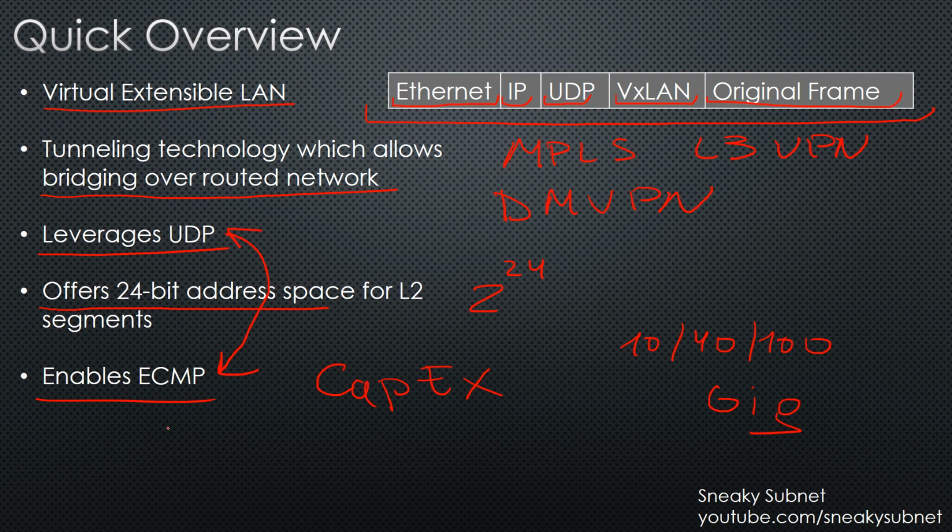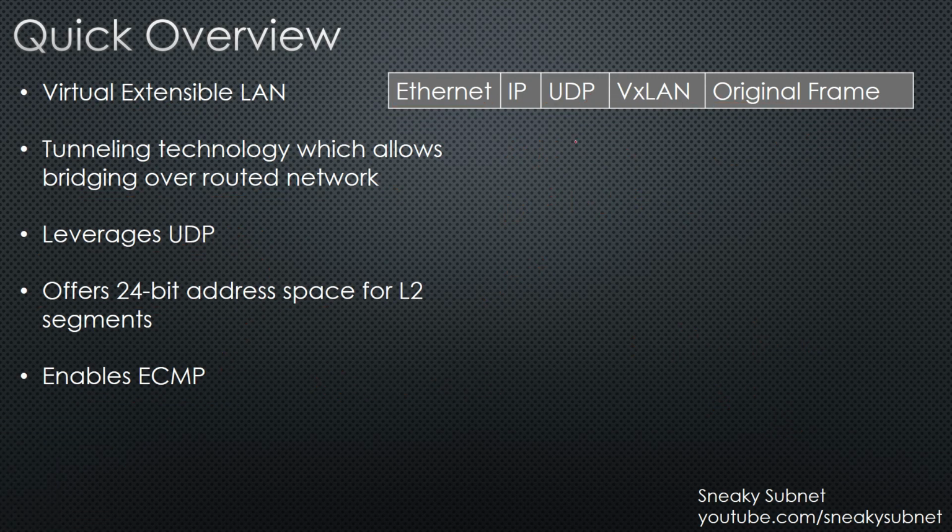The easiest and most reliable way to make ECMP work nowadays is to utilize 5-tuple load balancing. So what is 5-tuple? 5-tuple is a combination of source and destination IP plus protocol plus source and destination port.